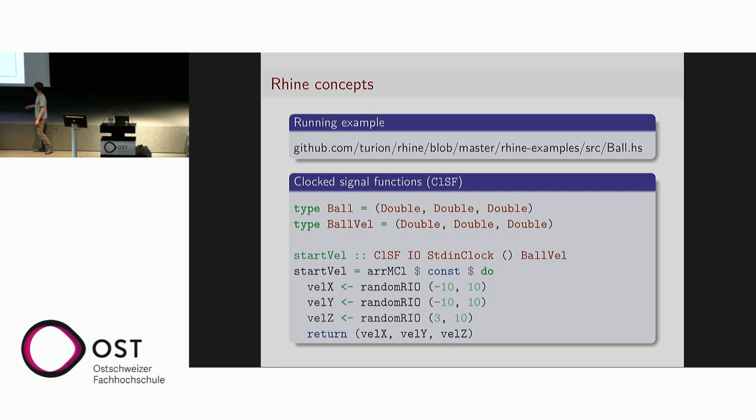So every time we enter a line on the standard input, we launch a ball, and by that we mean we produce a random velocity, so I just take some random values from I/O, and we have this function that takes a monadic action, so something in I/O, and makes a clock signal function from it.